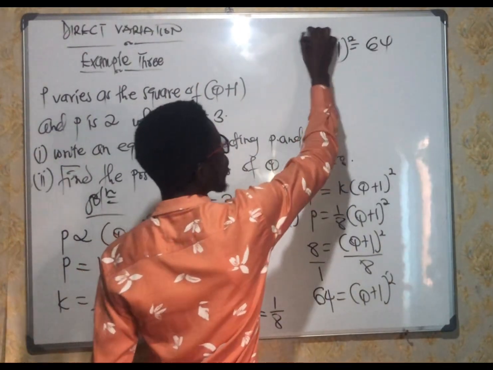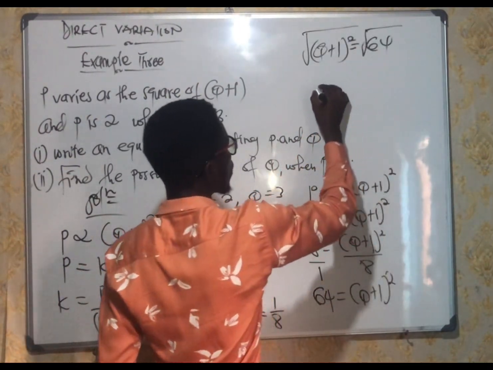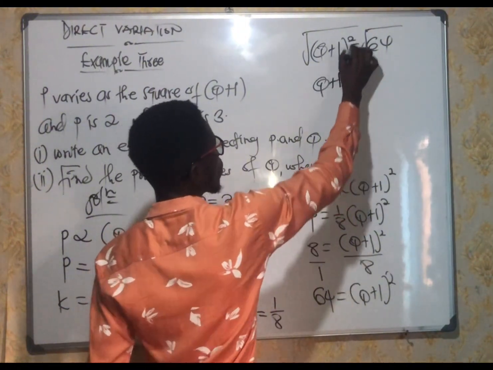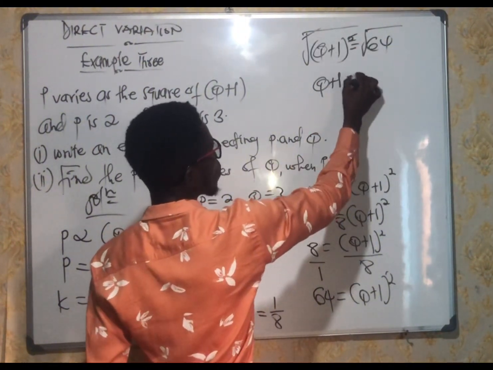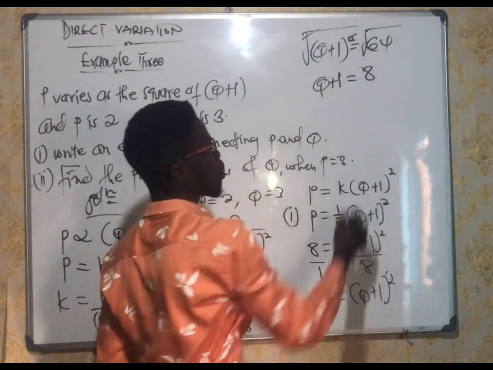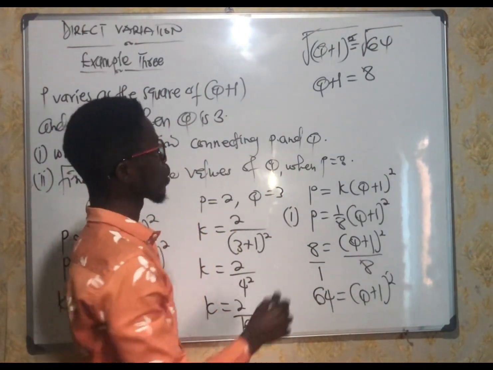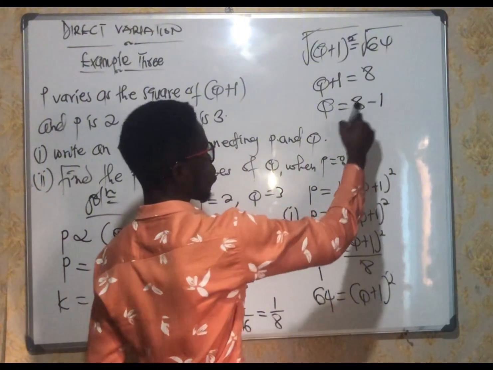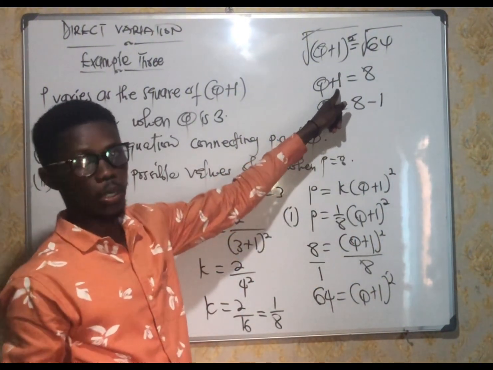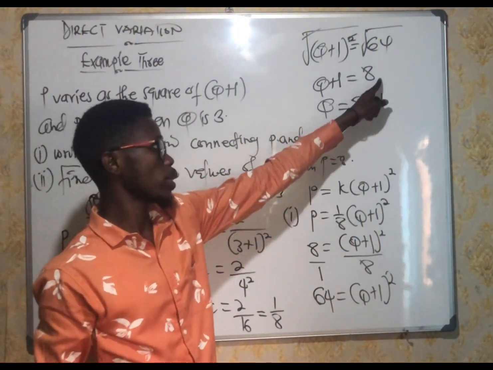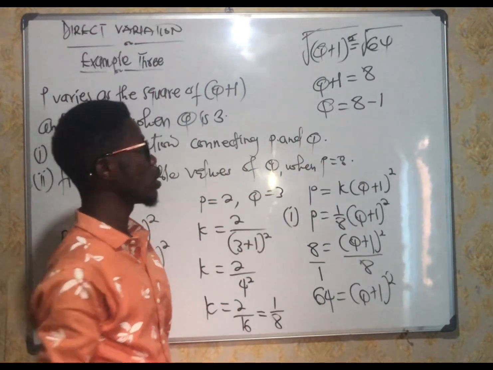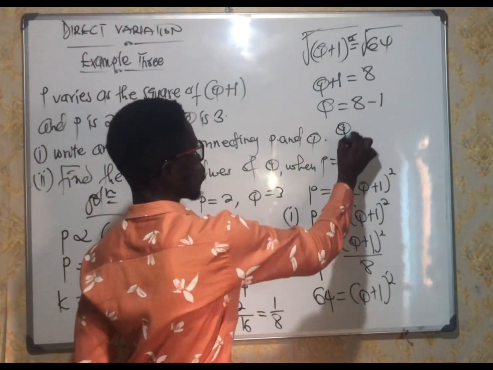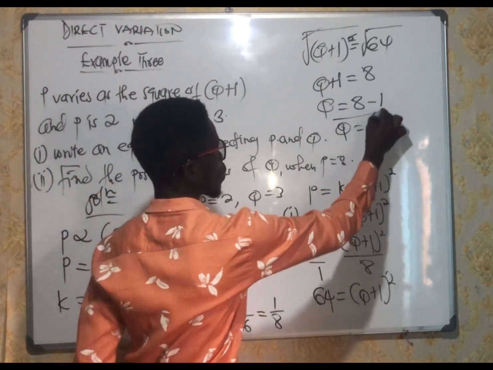So if I take the square root on both sides, that means my q plus 1, this will cancel this, is equal to the square root of 64. We have 8. So q will be equal to 8 minus 1. Why? This is plus here, so we take the additive inverse. If I bring the 1 here, we subtract, we have that. So my q will be equal to 7.